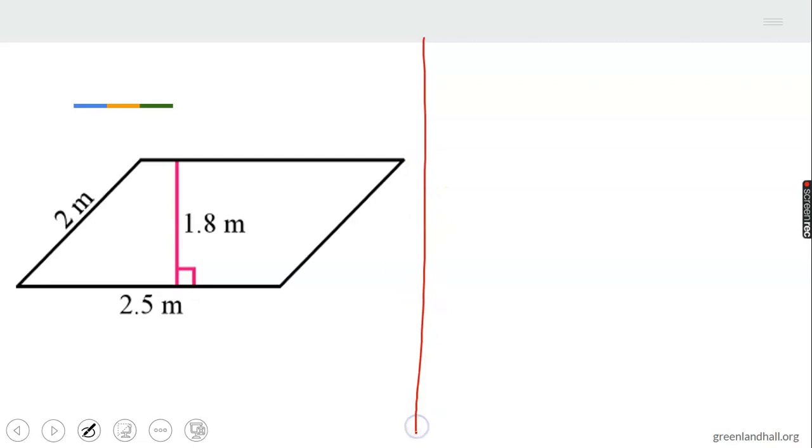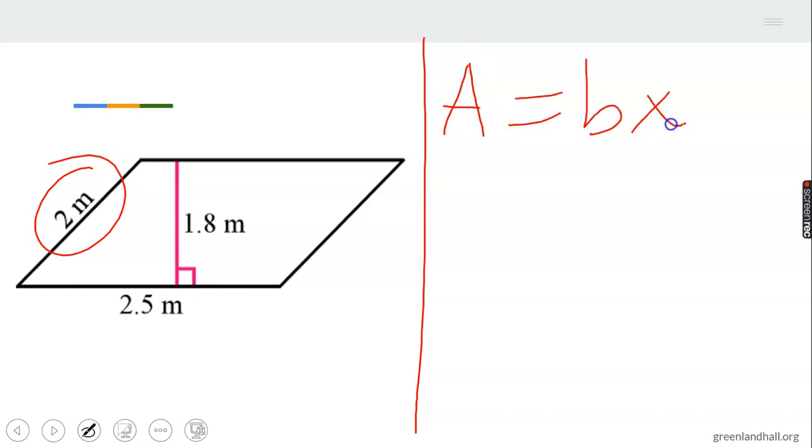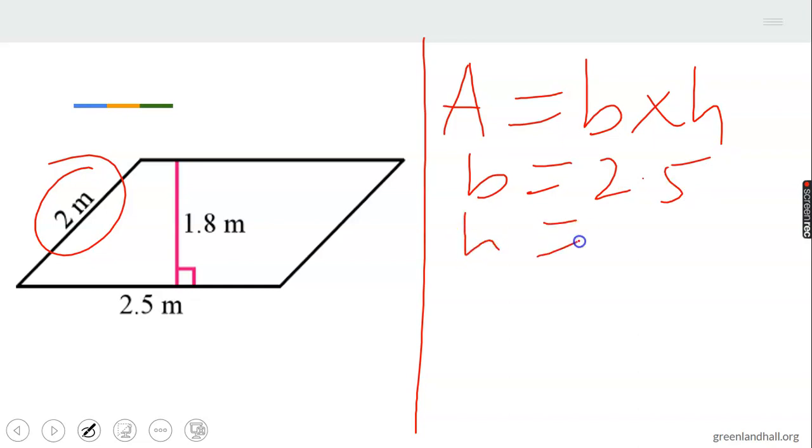Another example. Not all the values are useful. Like this one, we don't need it. Since we know our area is base times height for a parallelogram, and our base equals 2.5 and h equals 1.8.